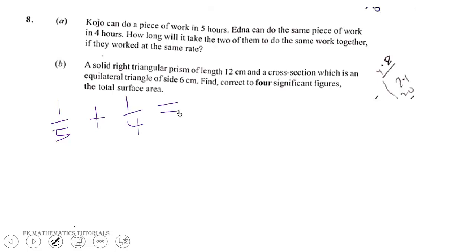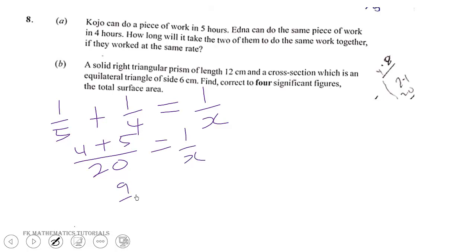The two of them, if their time is x, then their rate will be 1/x. So solving for x will help us to see how long the two of them will do the work. So multiply through by 20, or simplifying this side, we have 20 here, and we have 4 plus 5 equals 1/x.